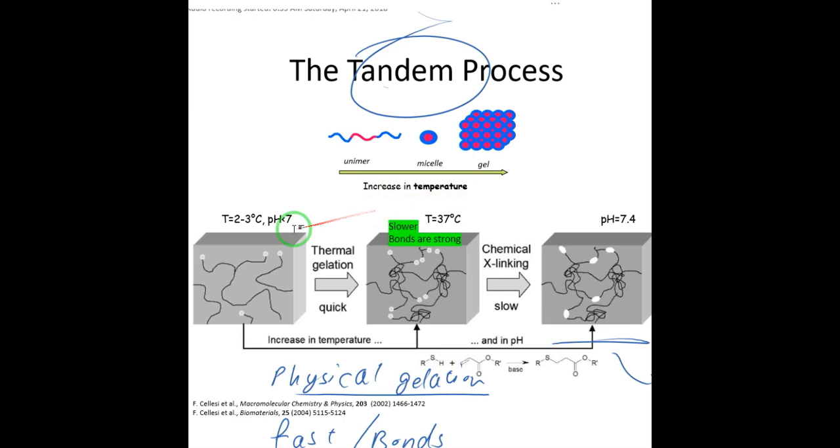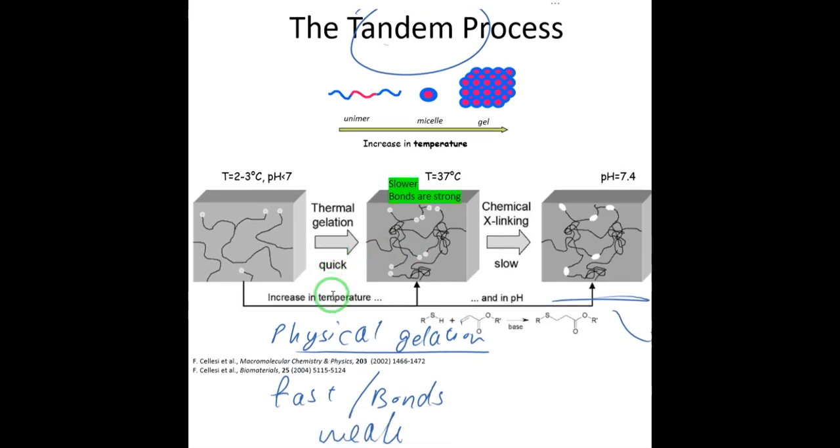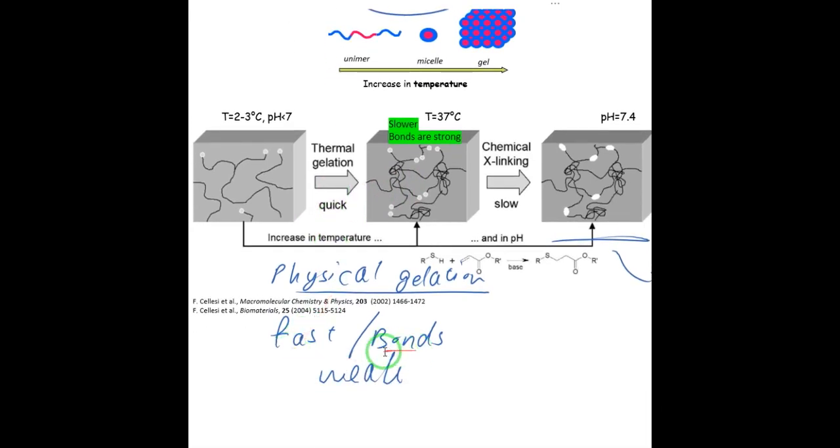You see here that first the polymers are going to be connected to each other by the physical bonds. So this is called the physical gelation. This physical gelation is quick, but it is not strong. So you see here that I have written the bonds are weak.